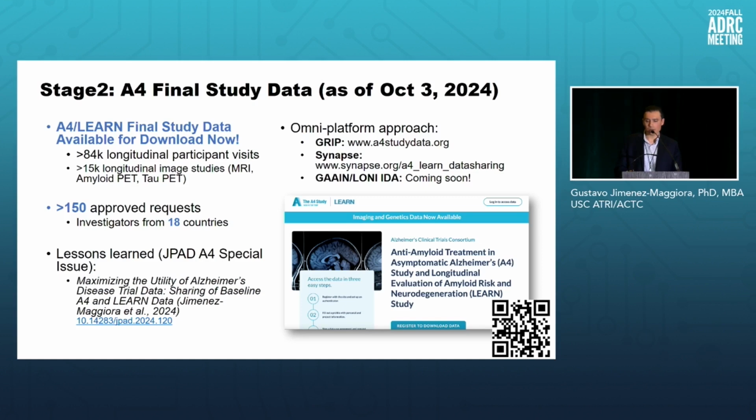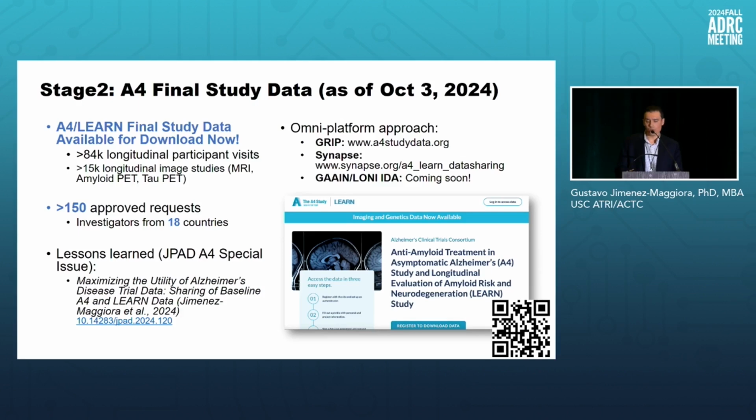I'm happy to report that as of earlier this month, we already have more than 150 approved requests for these data across all 3 platforms from investigators from 18 countries.